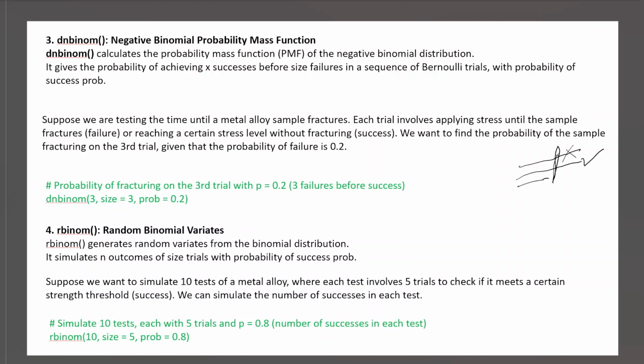So in this way we will get the negative binomial distribution. rbinom is for generating random variates from the binomial distribution. It simulates n outcomes based on the specification, and we can use this for comparison with our calculated experimental data. If they match one to one, we can tell our data follows the distribution.